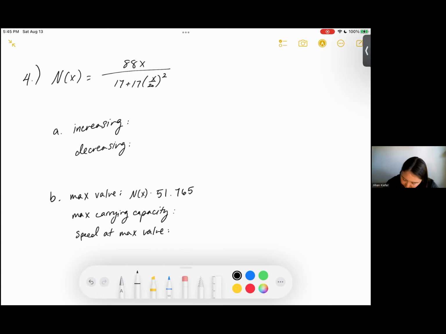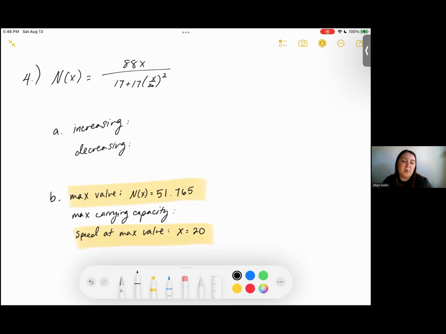So when n of x was 51.765, that was the largest value we had. And we said that its speed at that maximum value was 20. So the speed was x equals 20. That was where it's located and what the actual maximum value was.